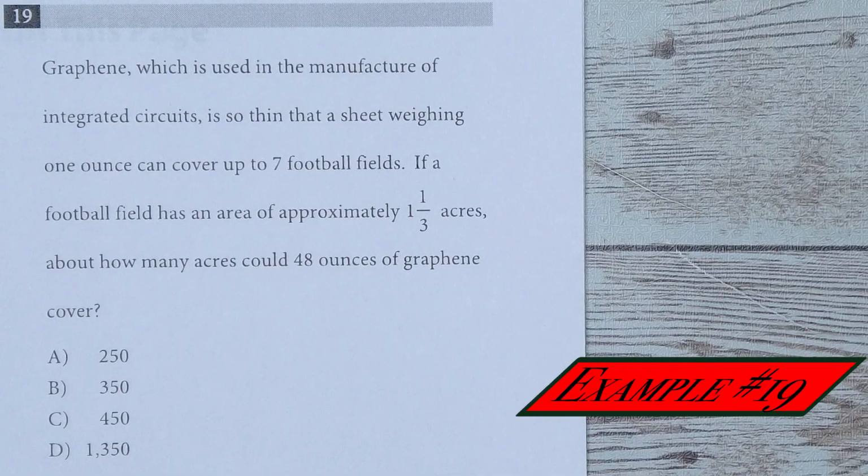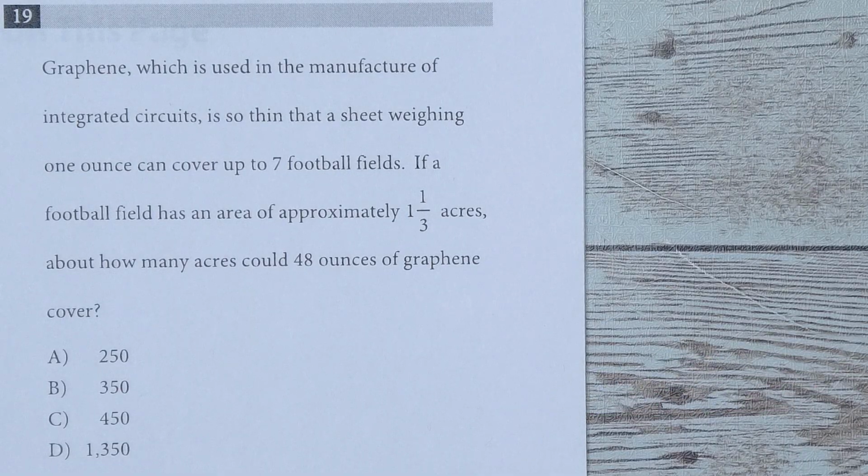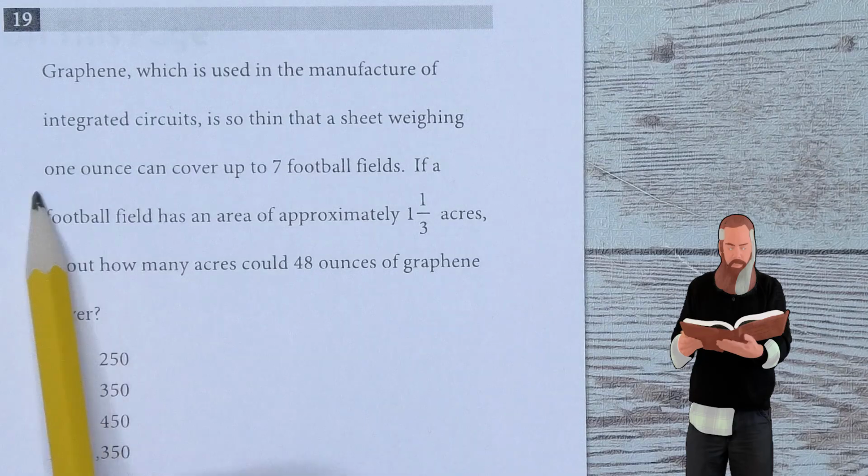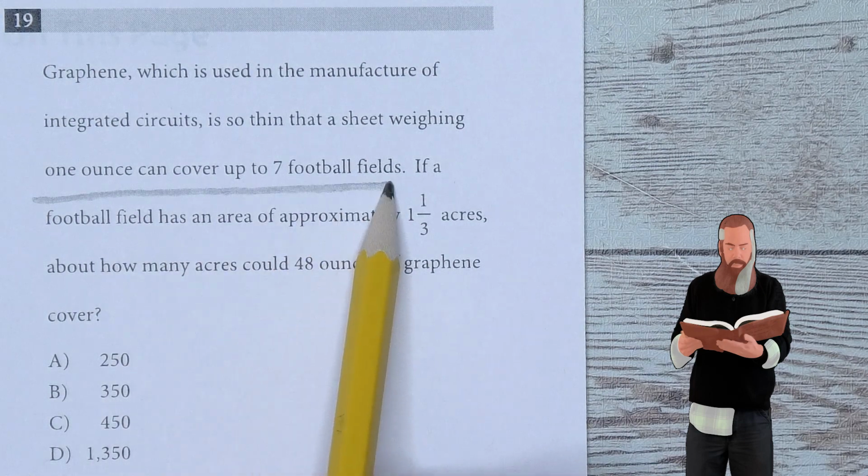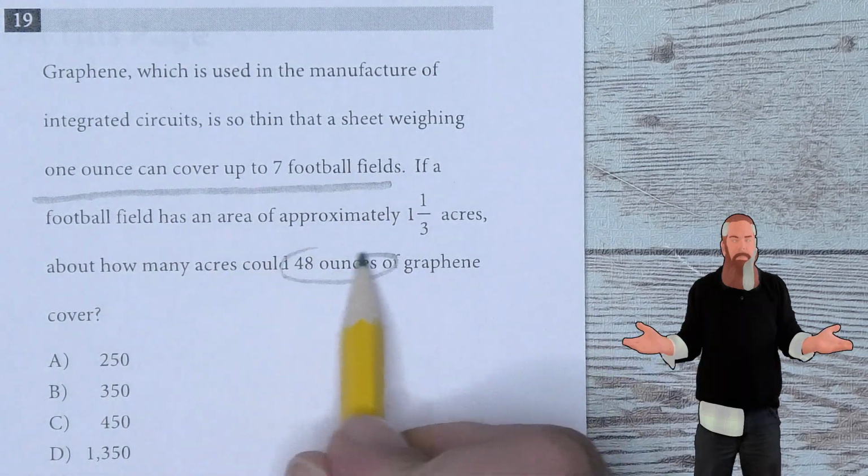Graphene, which is used in the manufacture of integrated circuits, is so thin that a sheet weighing 1 ounce can cover up to 7 football fields. If a football field has an area of approximately 1 1/3 acres, how many acres would 48 ounces of graphene cover? We know that 1 ounce will cover 7 football fields, and there's 48 ounces.